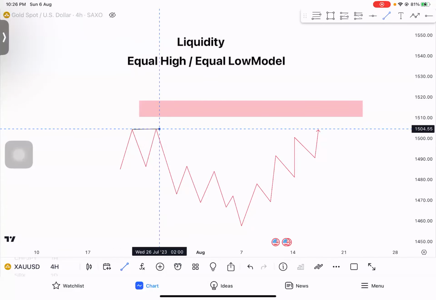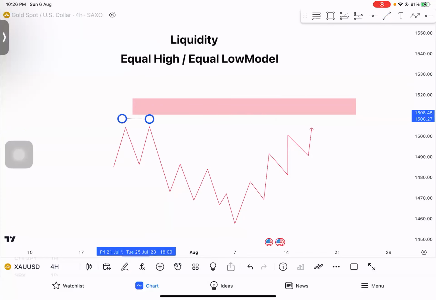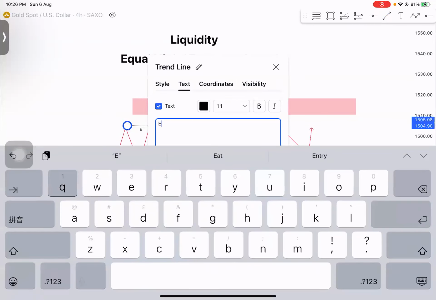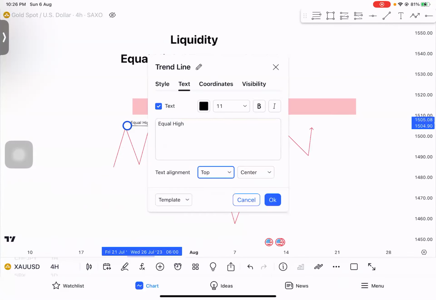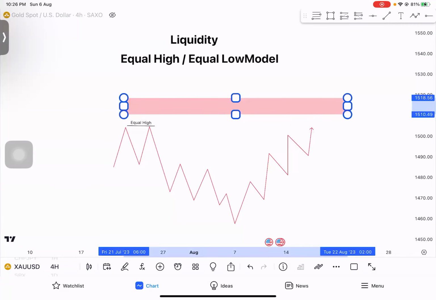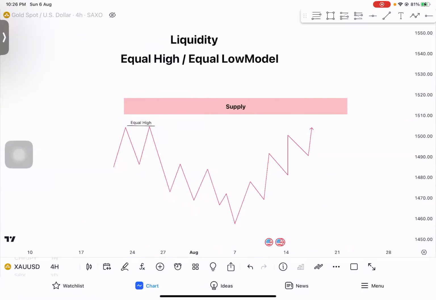Here you got the equal high. Still remember the EU example just now? It is similar. If you realize there is a supply zone above the equal high, this model, how can we identify it? Retail traders usually like to trade on the double tops.